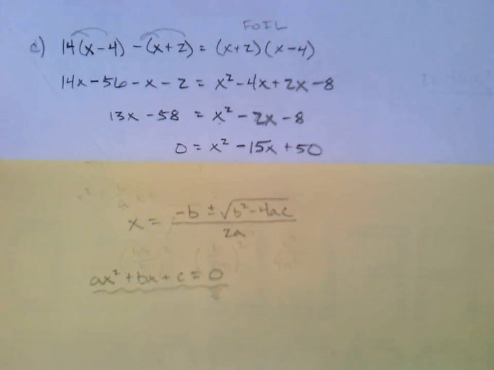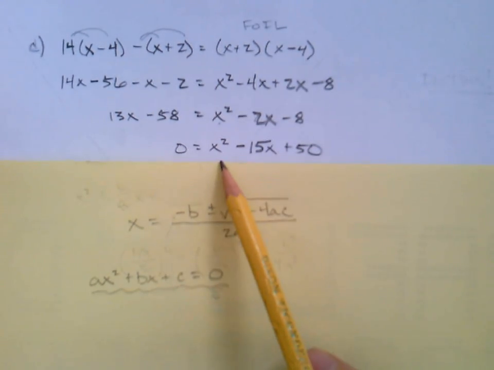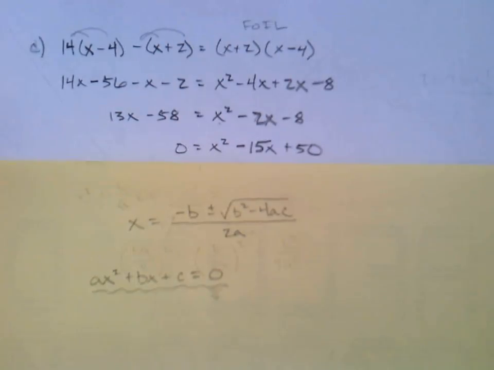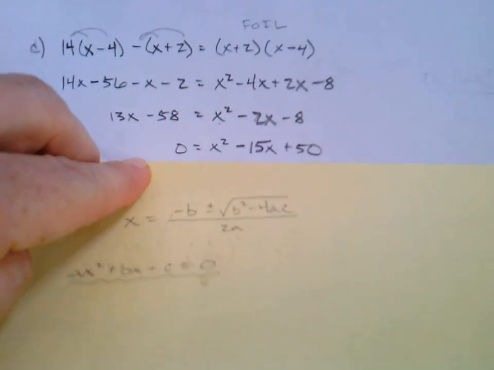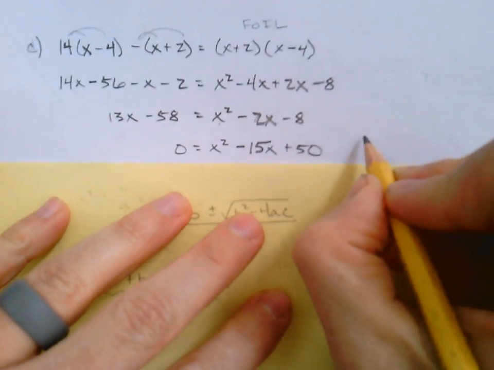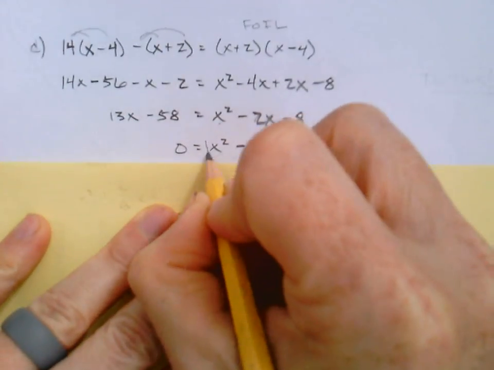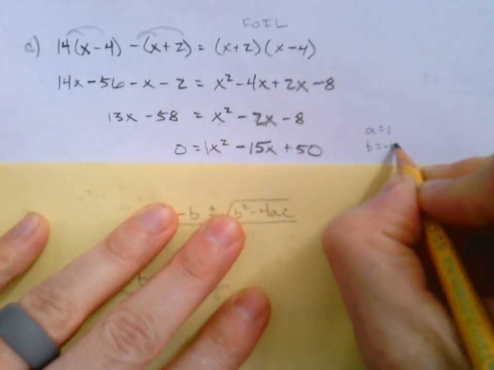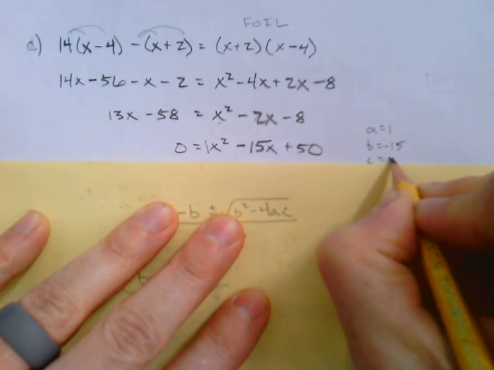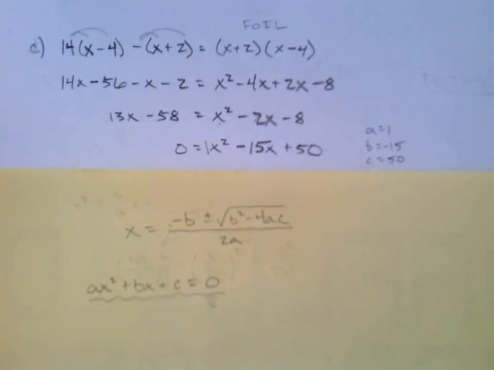Okay. Now I've got it in this position, and I can identify my A, my B, and my C. Here A equals 1, right? B again is negative 15, and C is 50.